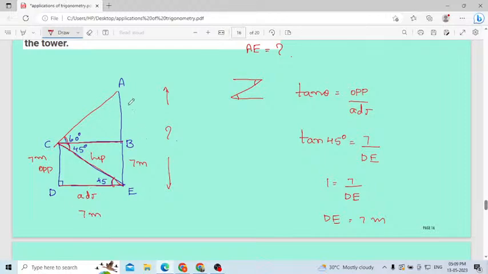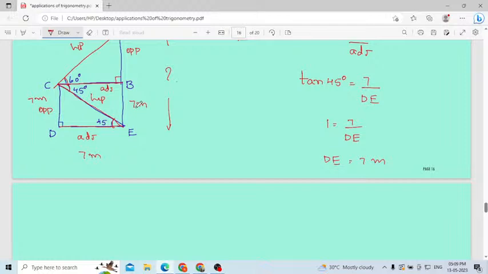Consider this triangle. This is adjacent, this is hypotenuse, this is opposite. Consider one more here. In triangle ABC, tan theta is equal to opposite divided by adjacent. Wait, I will show.